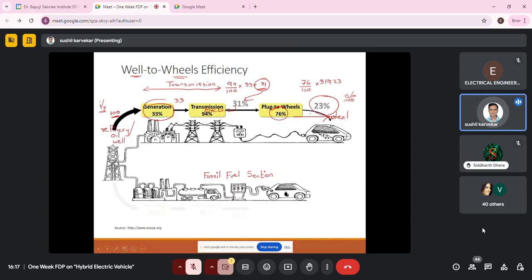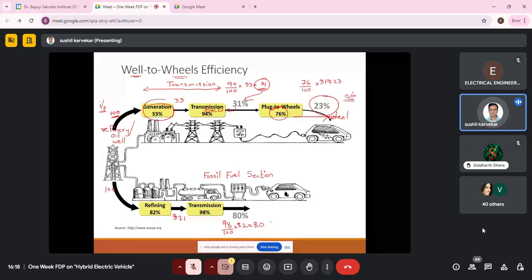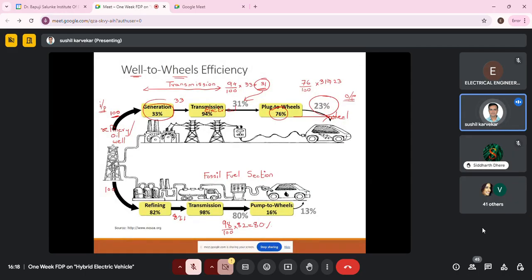If we consider the same scenario in case of a fossil fuel based system, if we are having 100 over here, then here we are having 82%, and then 98% of 82, if we calculate mathematically, gives us 80%. And when we are speaking about the pump to wheel efficiency, we have discussed this right now.